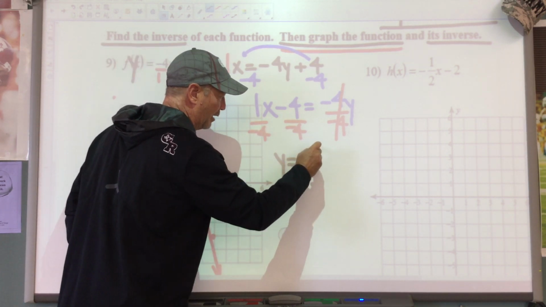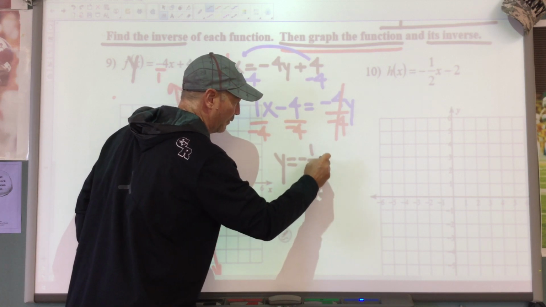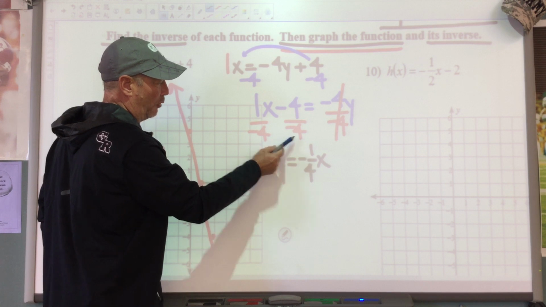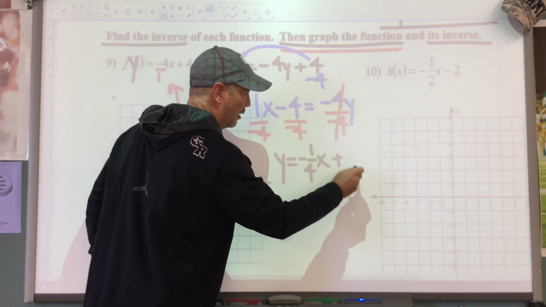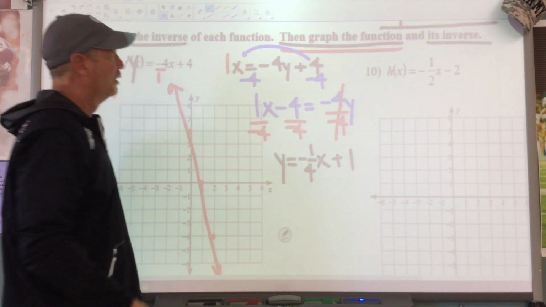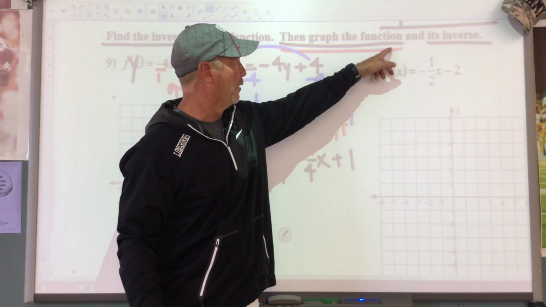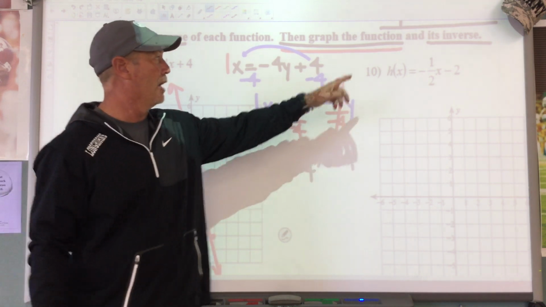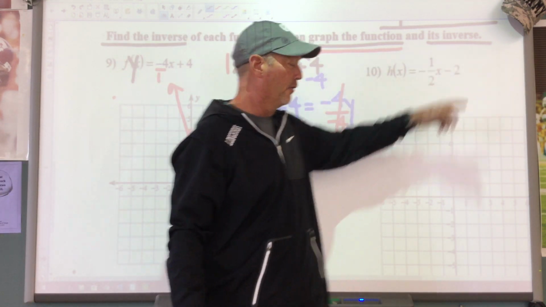That's going to leave us at the negative 1/4 x. Negative 4 divided by negative 4 is going to be a positive 1. So we have graphed the original function. We have just found the inverse. And now we ask you to graph the inverse.